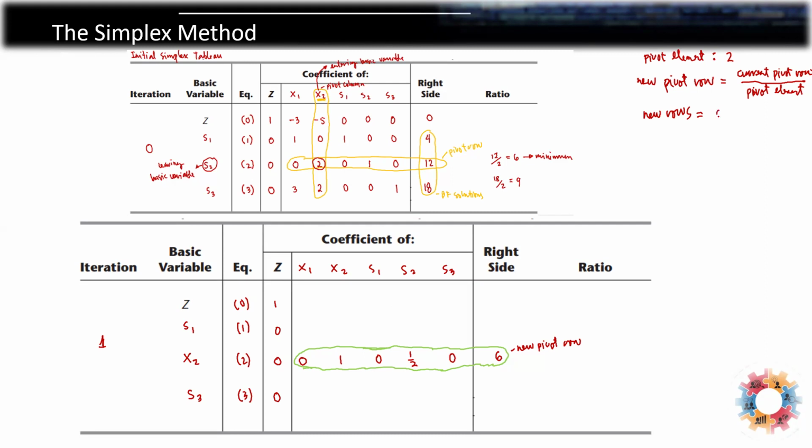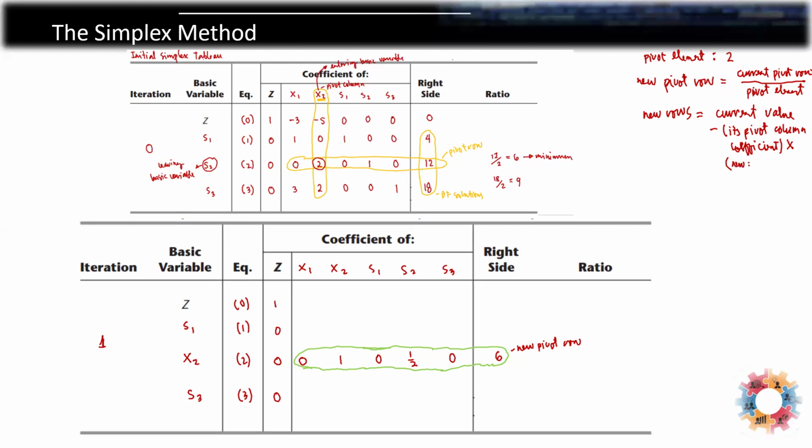So it can be done by subtracting from the current value its pivot column coefficient times the new pivot row coefficient.